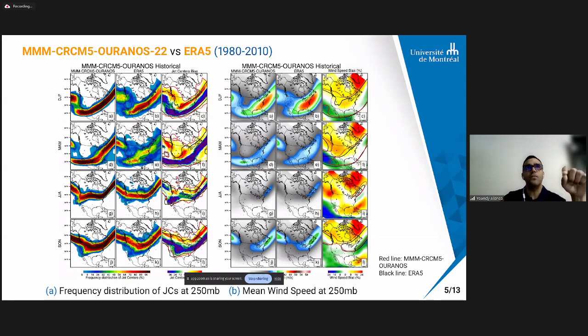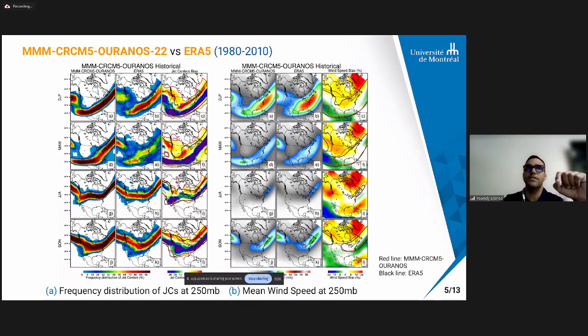And the middle column is the ERA5. The third column is the jet centers' bias, so the difference between the ERA5 and the ensemble of the CRCM5, and we can see there is not too much difference between them. So the representation is reasonably good.